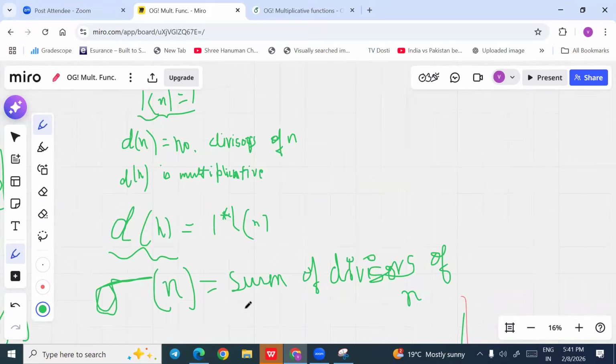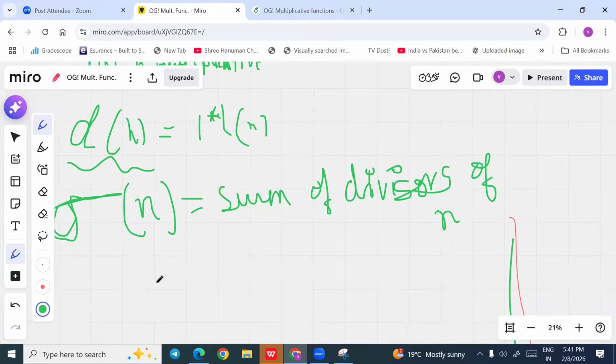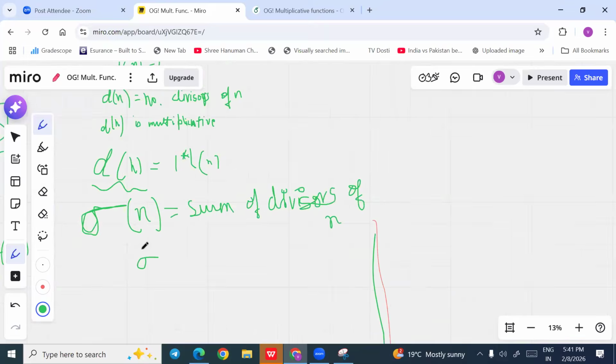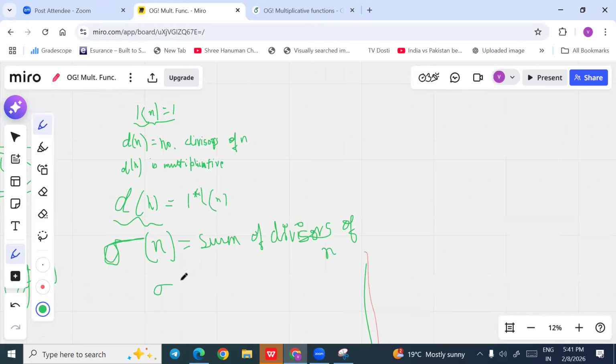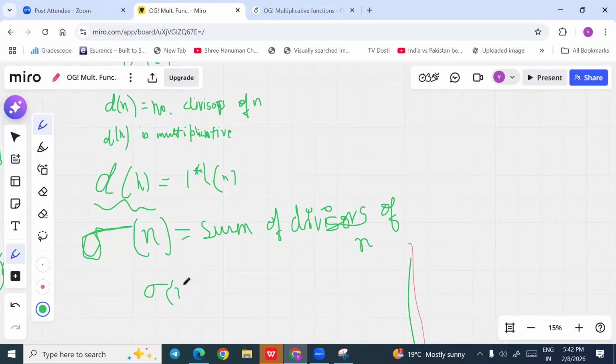Prove that this function is multiplicative. Okay, so what's the one-liner? One convolution identity. Yes, exactly.